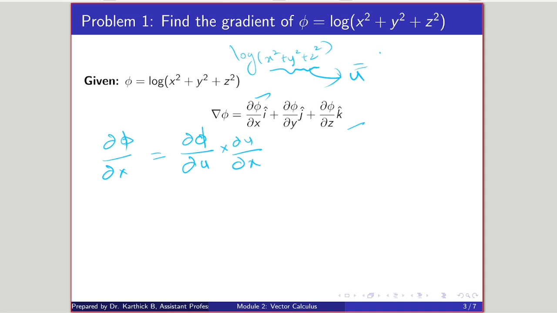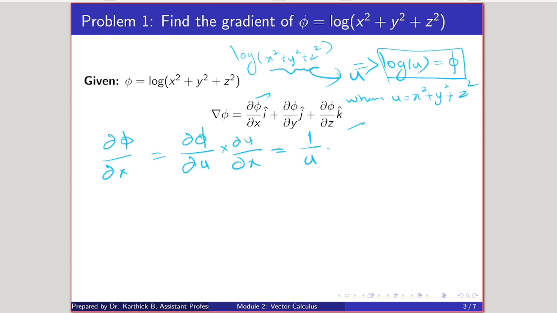Therefore phi can be written as log of u, where u equals x square plus y square plus z square. First I will find dou phi by dou u, where this we call phi, so I will differentiate this function with respect to u.